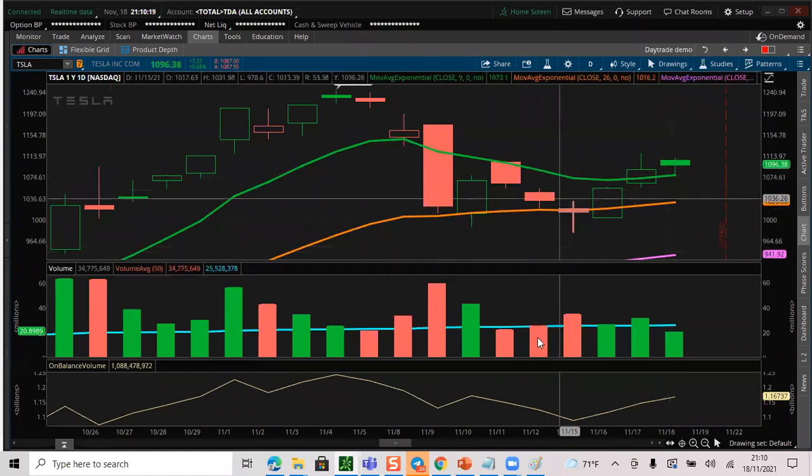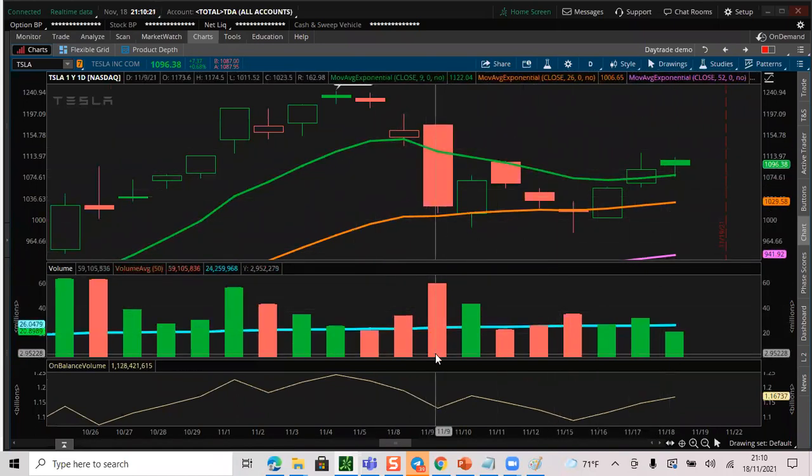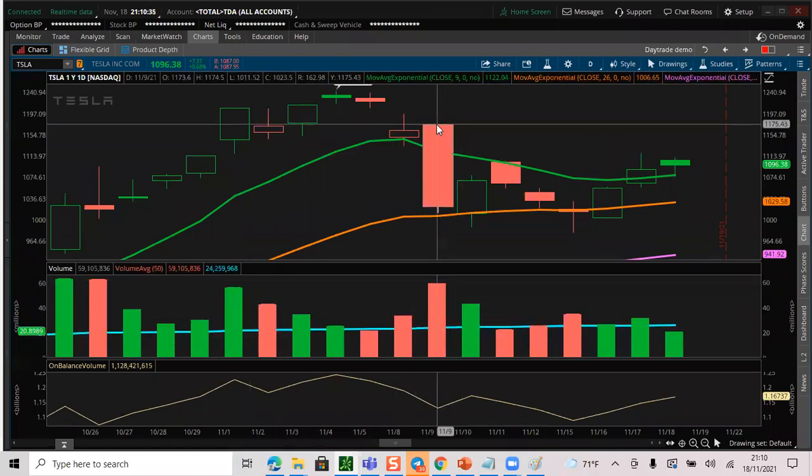But on the other hand, you see this volume bar, there is the volume, around 58 million. The average volume was 54, and then the stock went down from 1175 to 1022, right? Almost 150 points, correct?